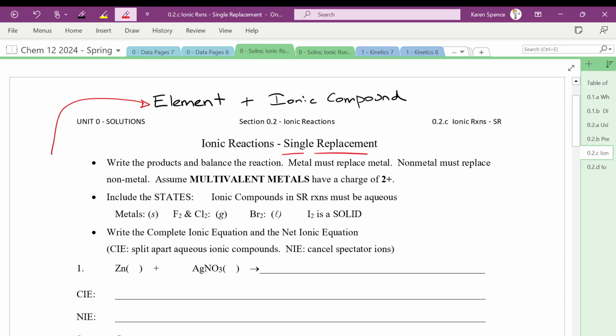What do you remember about elements that are on their own, not part of a compound? They are neutral. So they have a charge of 0.